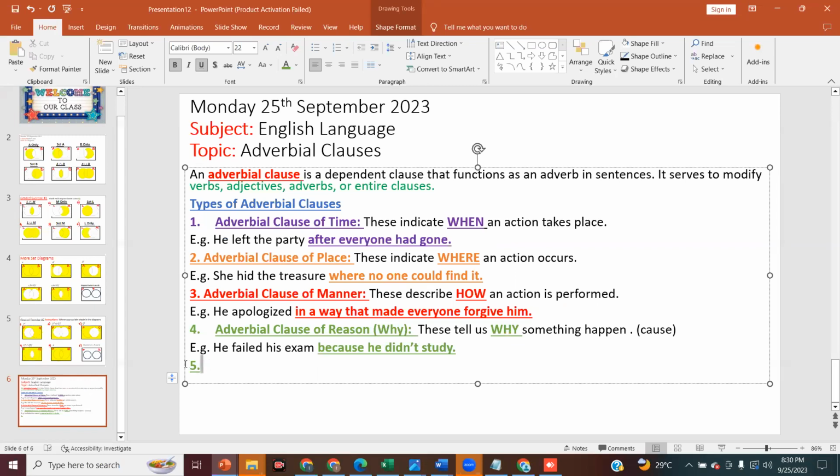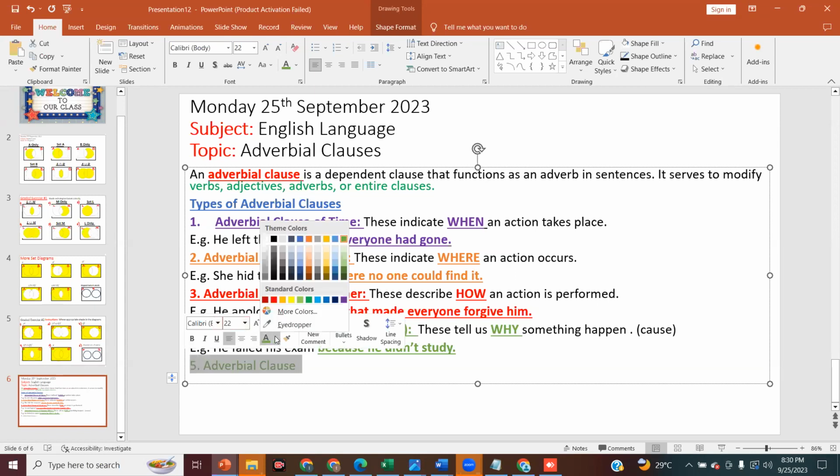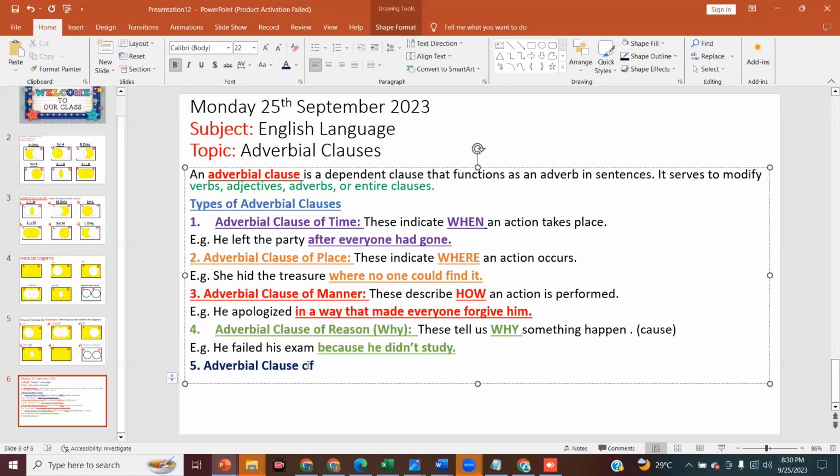Next we have the adverbial clause of condition.